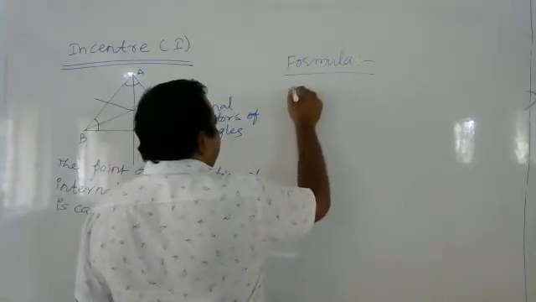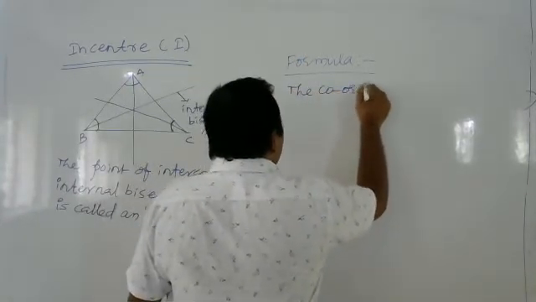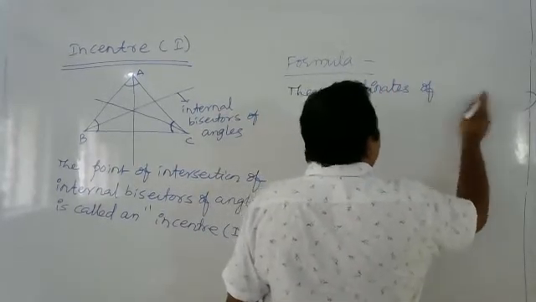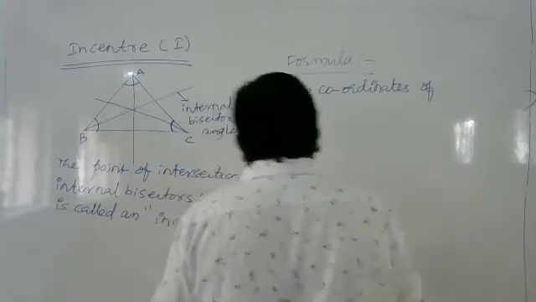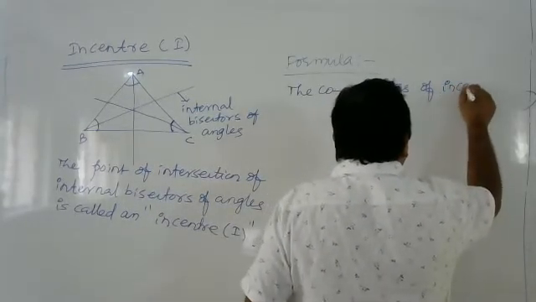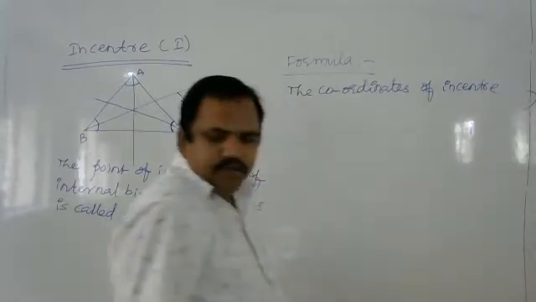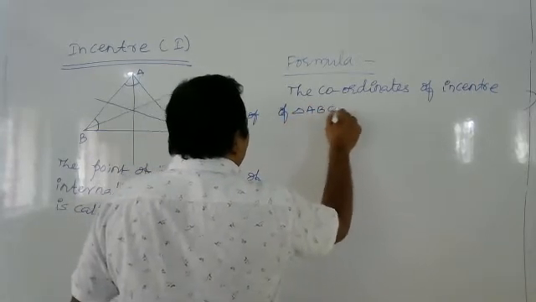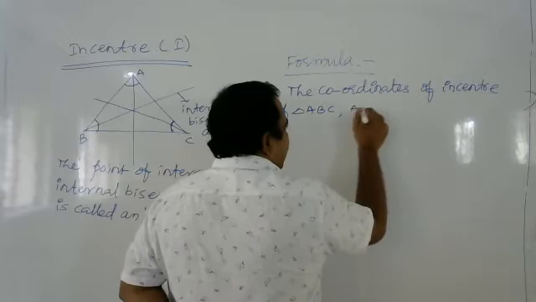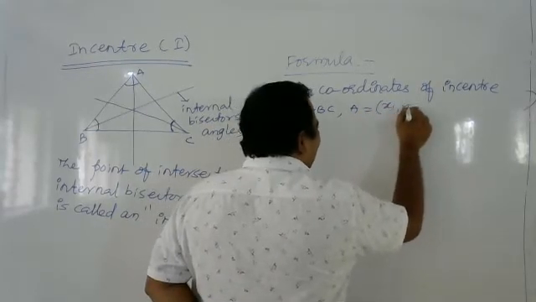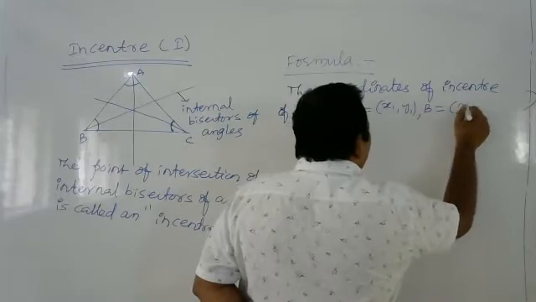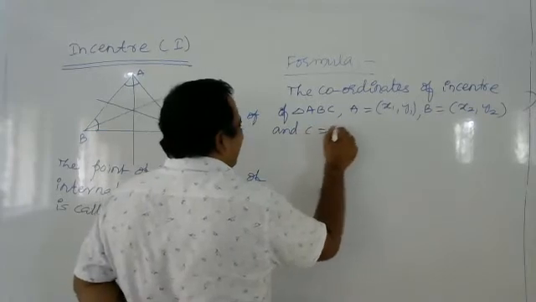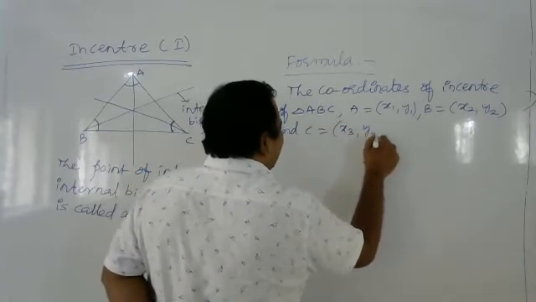Now write one formula. The coordinates of incenter of triangle ABC, where A is (x1, y1), B is (x2, y2), and C is (x3, y3).